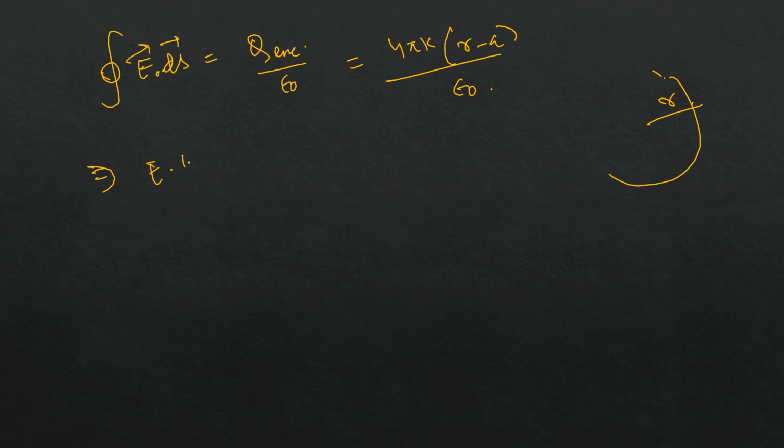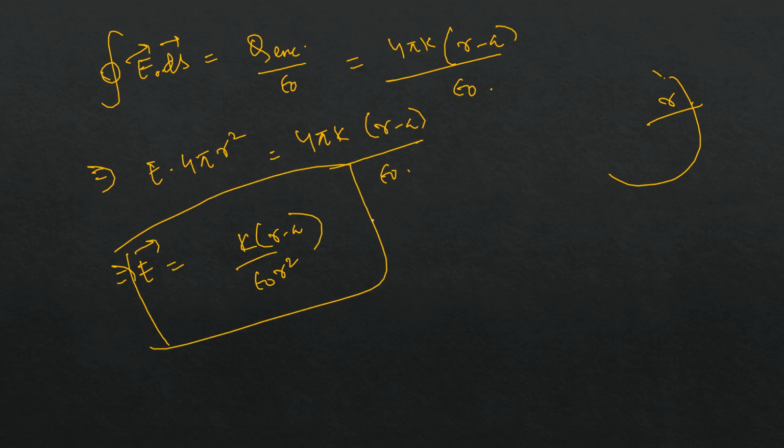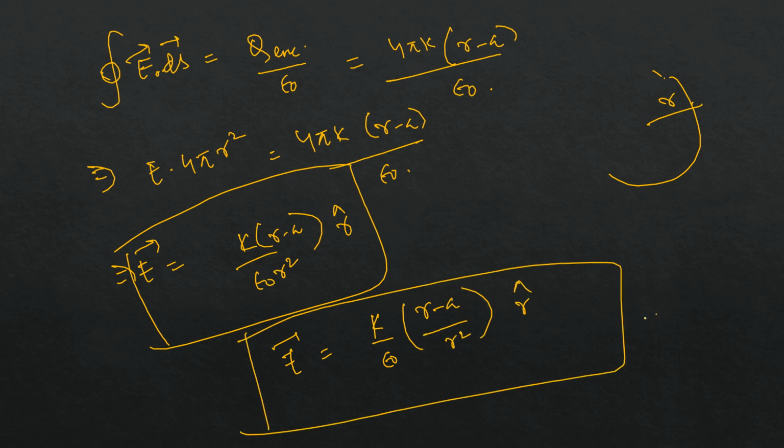So E into 4 pi R square is equal to 4 pi K (r minus a) by epsilon naught. So E is equal to K by epsilon naught times (r minus a) by r square, in the r direction, with the vector sign written properly. Is that all right?